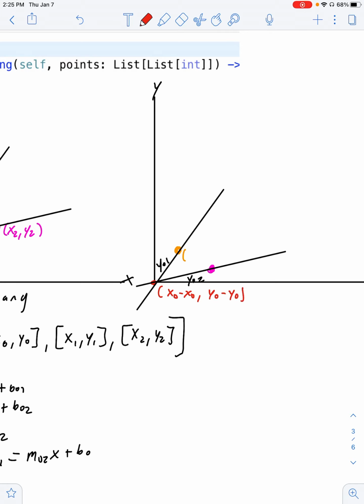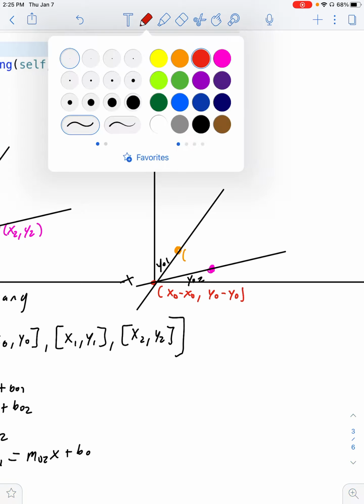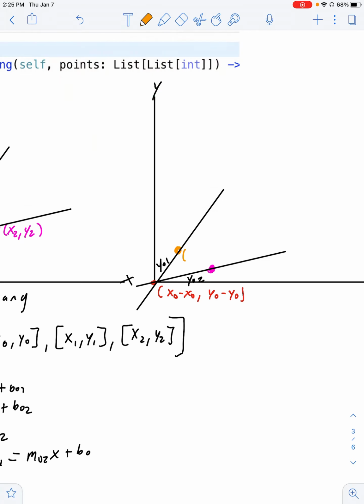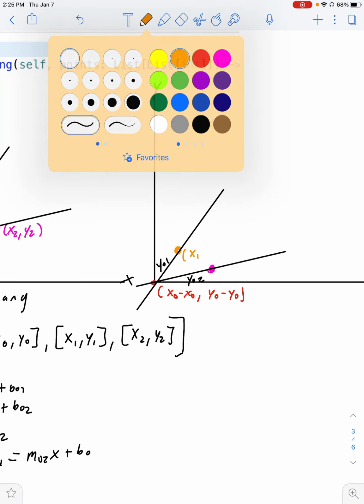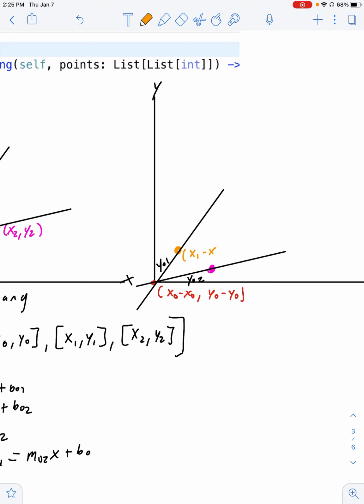That's what moves the red point to the origin. And I'm taking x1 minus x0 and y1 minus y0. Here I'm doing x2 minus x0 and y2 minus y0.